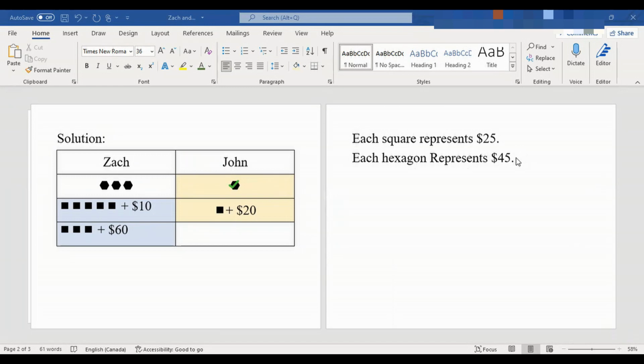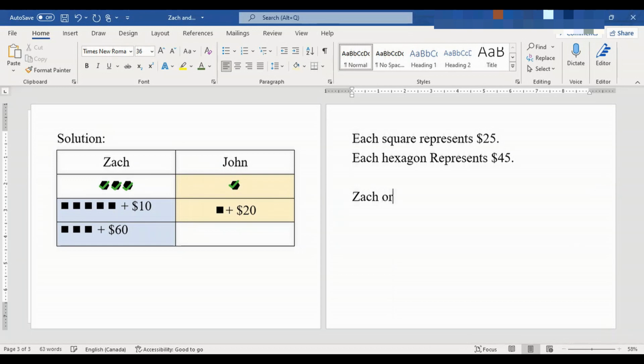So John must have $45. And we know that each hexagon represents $45 again. So if Zach has 3 hexagons, he should have $135 in total. So now we know the original amounts of each. We can write that down.